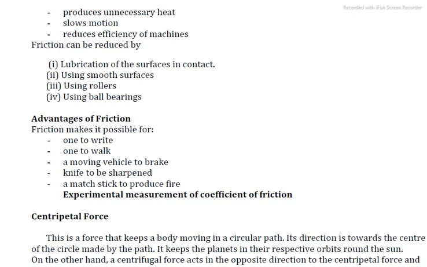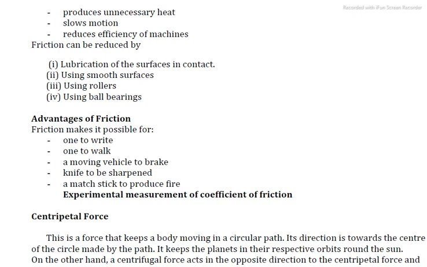So, after those disadvantages, then friction can be reduced. How? We could use smooth surfaces. We could also use lubrication of the surfaces in contact.